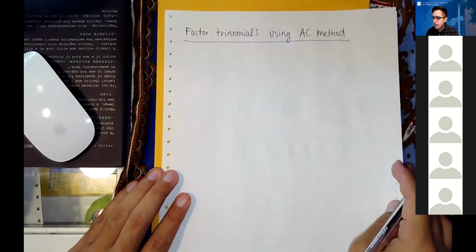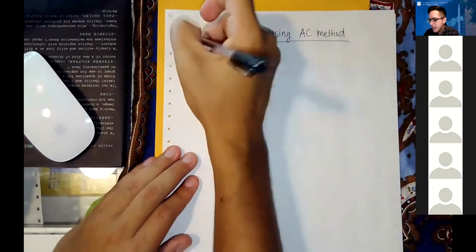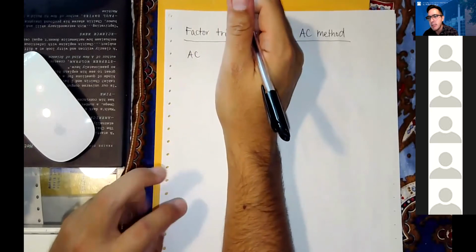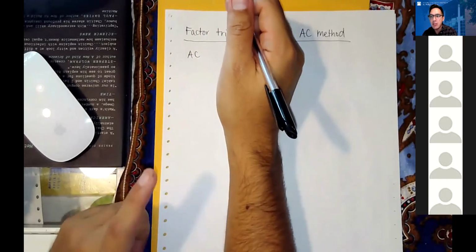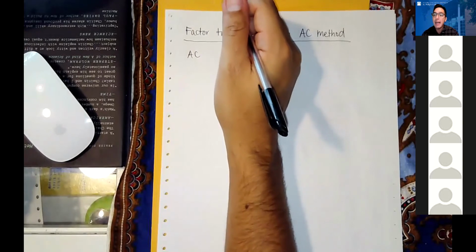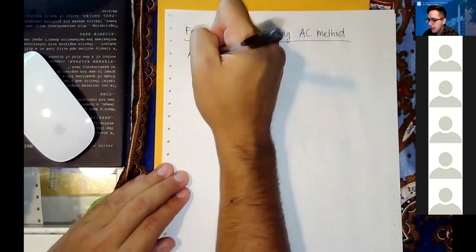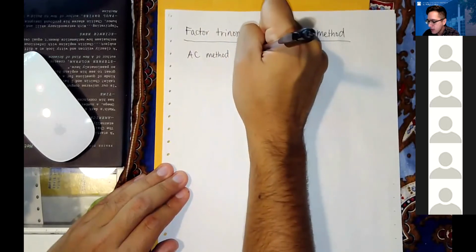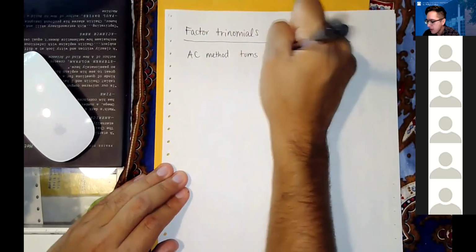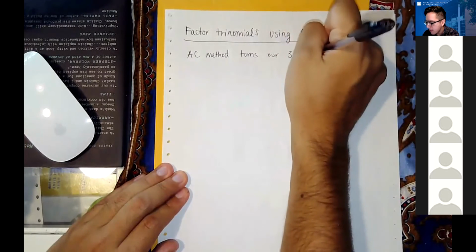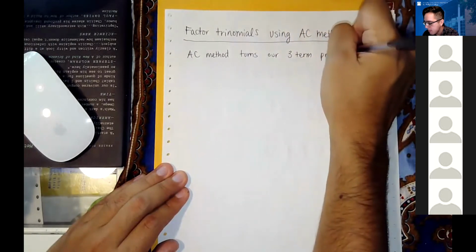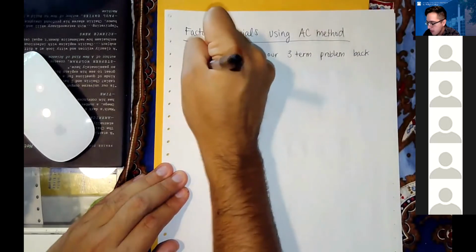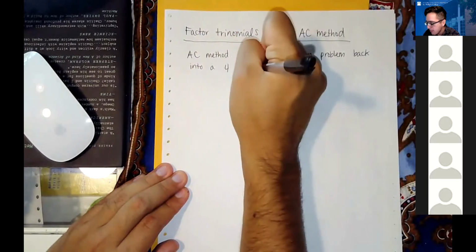And the AC method is really a method for taking a 3-term problem, breaking up the middle term, and then turning it into a 4-term problem so that you can just fall back on factoring by grouping. So the AC method turns our 3-term problem back into a 4-term problem.